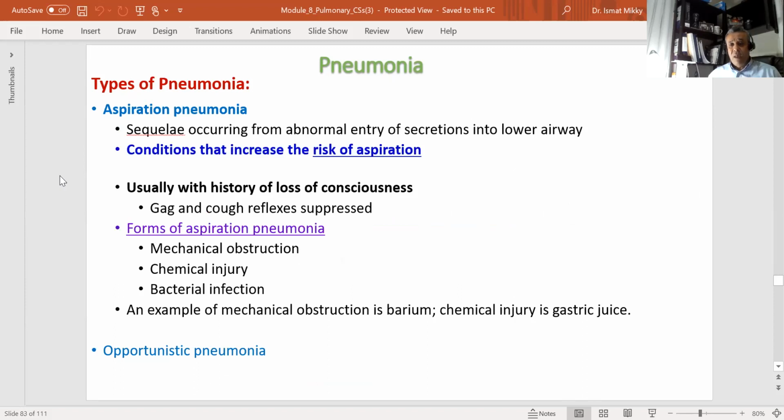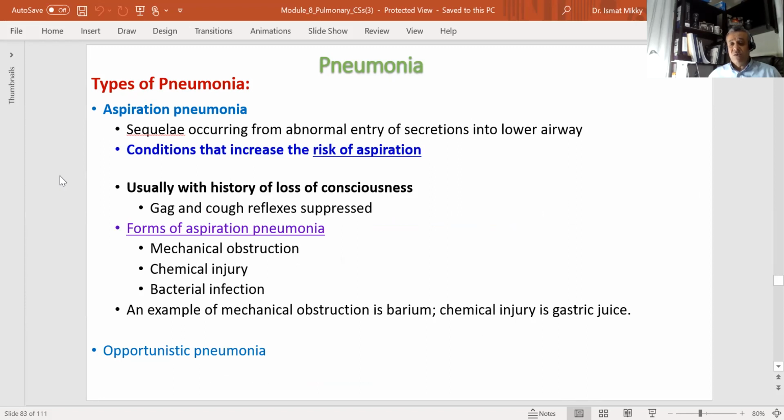Aspiration pneumonia: conditions that increase the risk of aspiration include decreased level of consciousness, due to seizure, anesthesia, head injury, stroke, or alcohol intake.